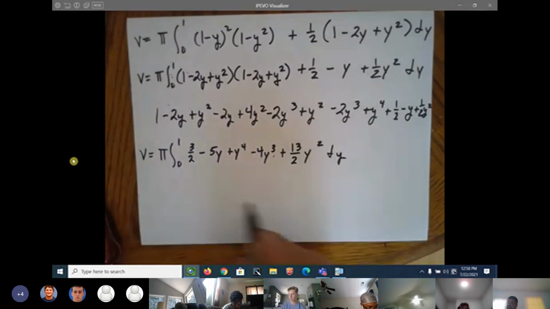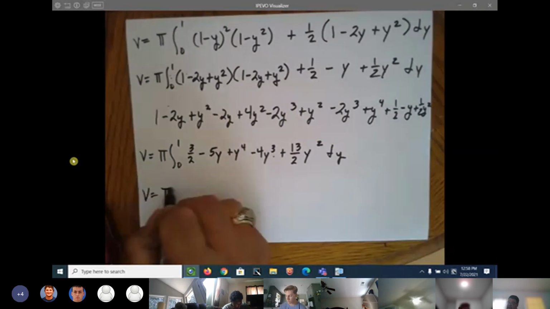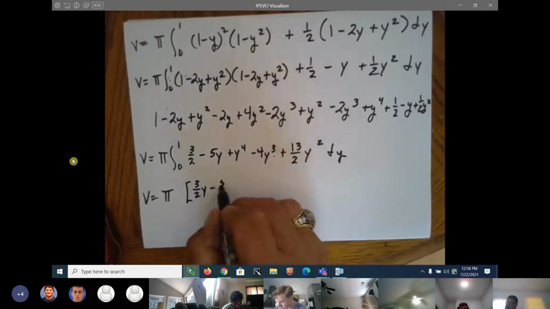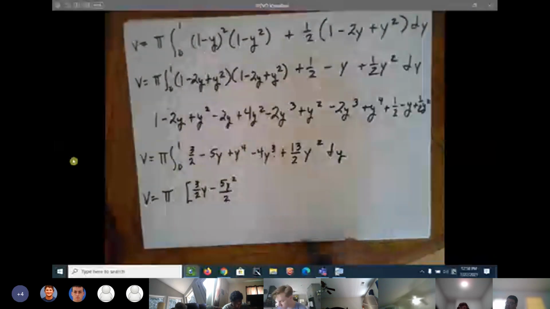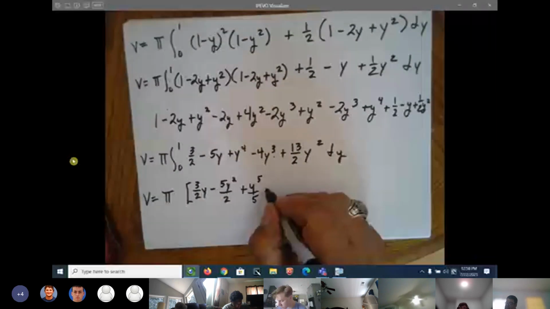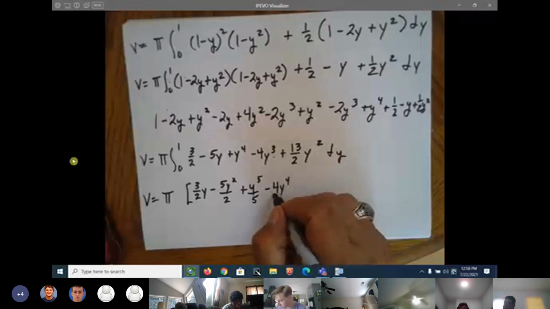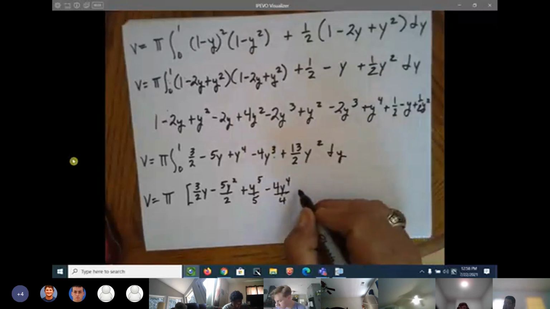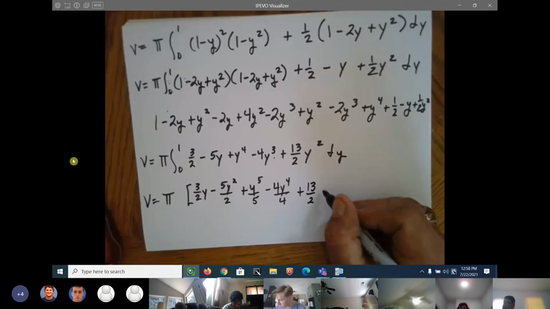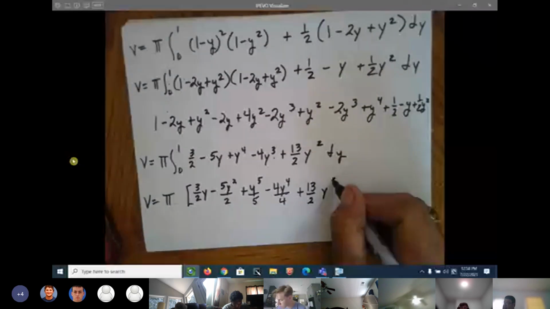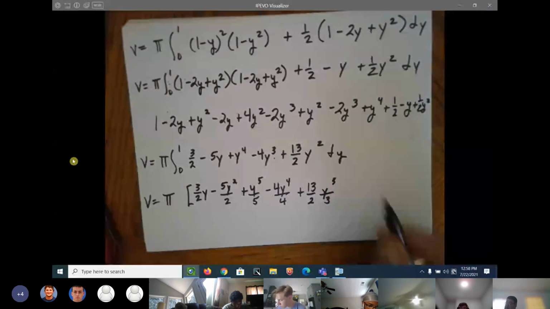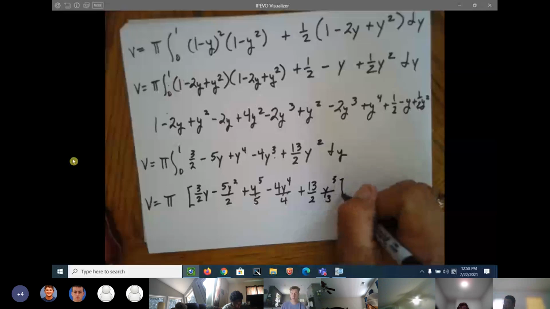So V is equal to pi times 3/2 y minus 5y squared over 2 plus y to the 5th over 5 minus 4y to the 4th over 4 plus 13/2 y to the 3rd over 3, evaluated at 0 and 1.